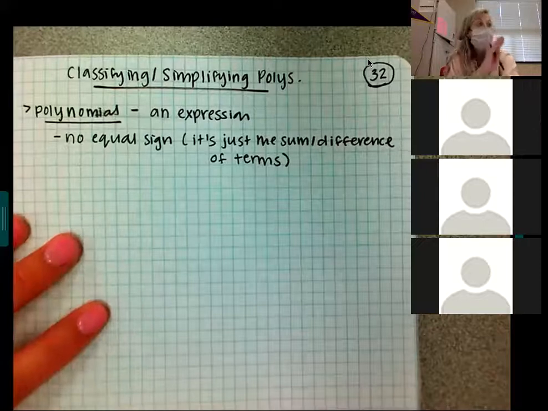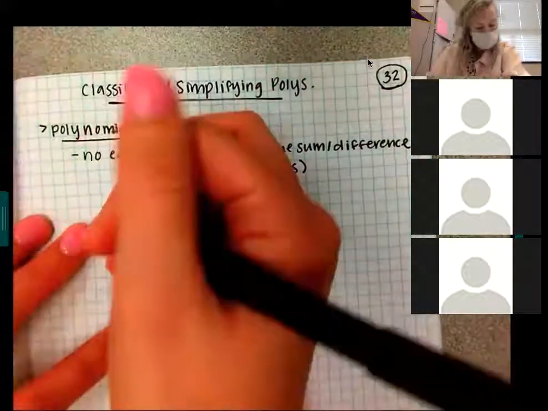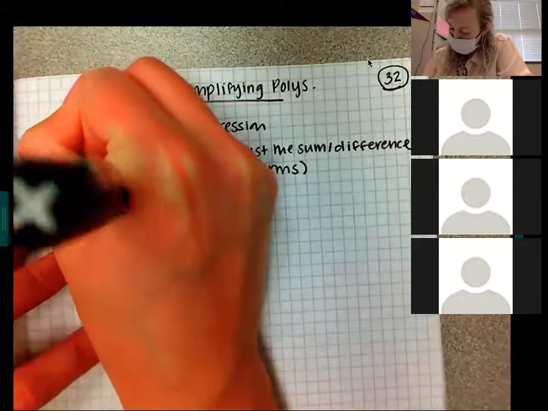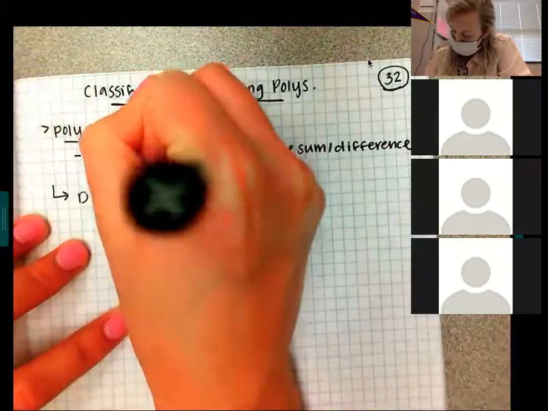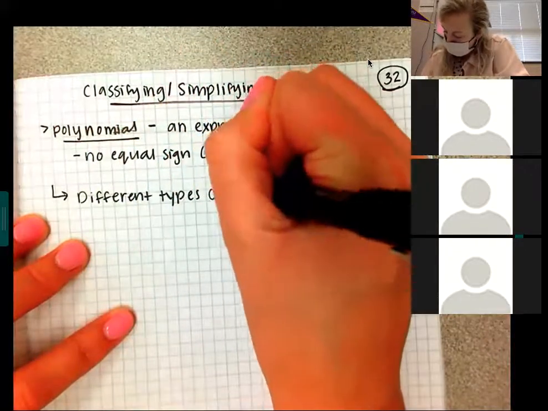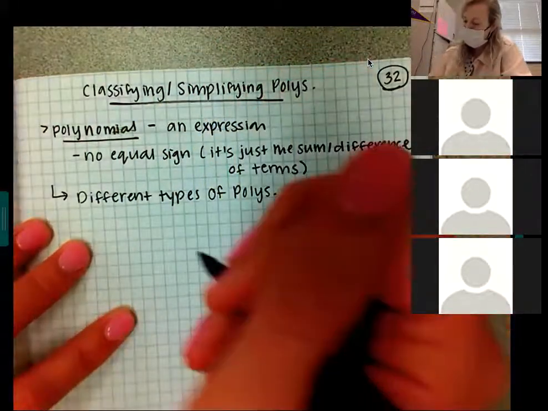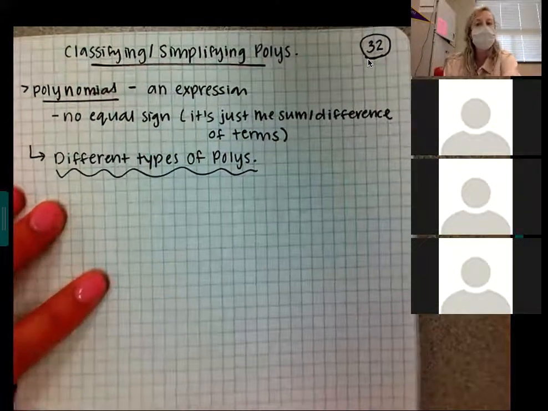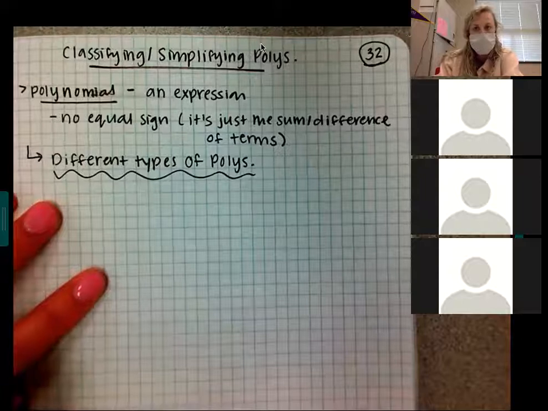So when we classify polynomials, there's 4 different things we can name it, okay? So we're going to call this next part different types of polynomials. And anytime y'all see me write polys, I'm just abbreviating because polynomial is a very long word, so I don't typically write it all the way out.